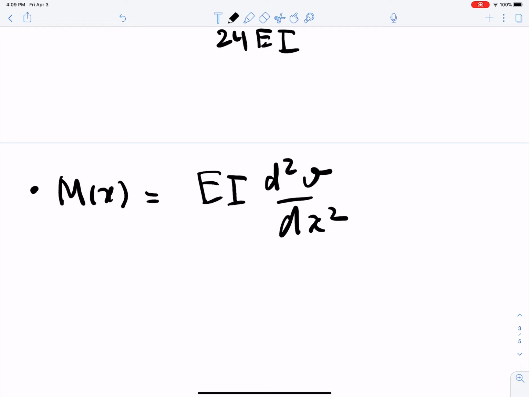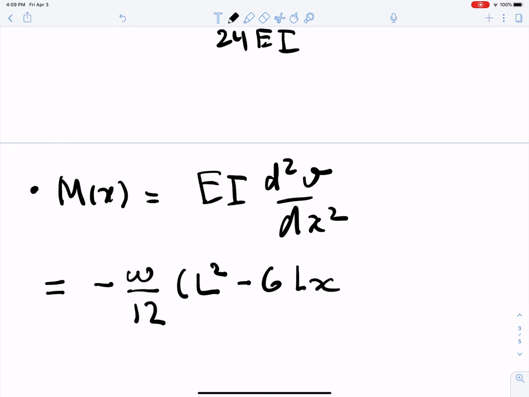If you carry out that calculation, you get the following expression: minus w over 12, L squared minus 6 Lx plus 6x squared.